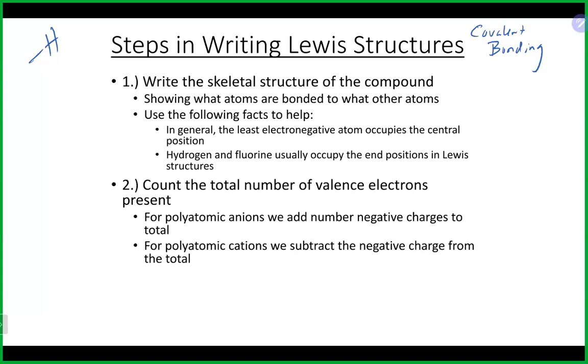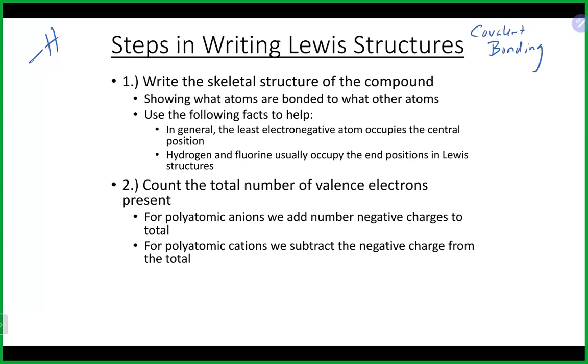Now, there are things known as polyatomic ions, which are things that share electrons but actually have a charge. If you have something with a charge, you do have to take that into account. If something has a negative charge, that means it's gained electrons, so you need to add extra electrons in.